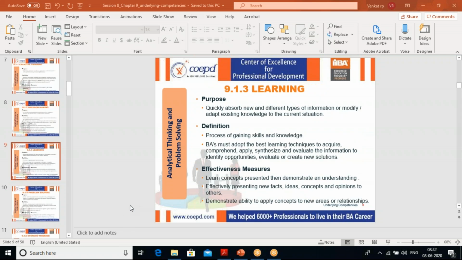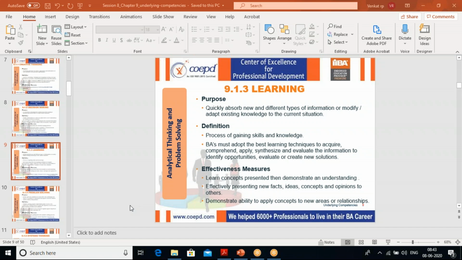And then the learning. Now this learning is very, very important. We have to quickly observe new and different types of information and modify and adapt existing knowledge to the current situation. Every time we come across a new situation, we have to learn and understand as a business analyst.